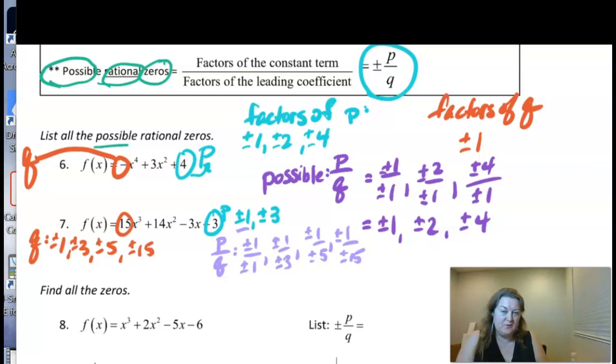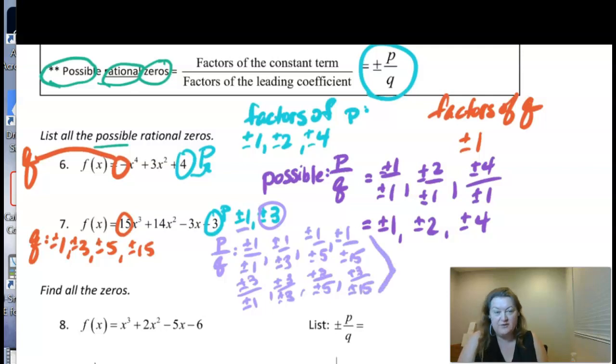You're going to simplify them. I just want everybody to see where they're coming from. And then I still have to do all the plus 3s. So now I'm going to do plus or minus 3 over plus or minus 1, plus or minus 3 over plus or minus 3, plus or minus 3 over plus or minus 5, and plus or minus 3 over plus or minus 15.